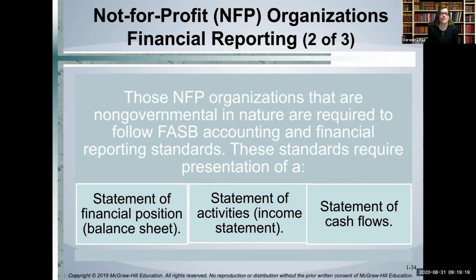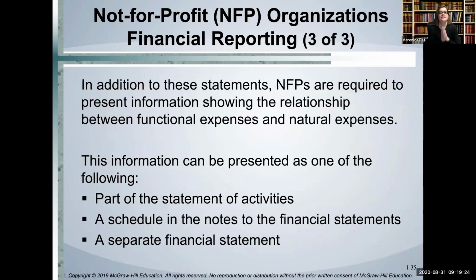They have to do all of the regular financial statements, but they also have to present a relationship between functional expenses and natural expenses. You either do that in the statement of activities, or as a schedule in the notes, or as a separate financial statement. So that's how we allocate all of this information.